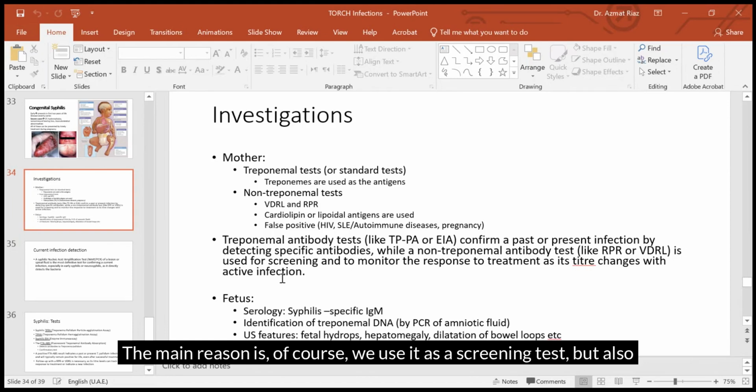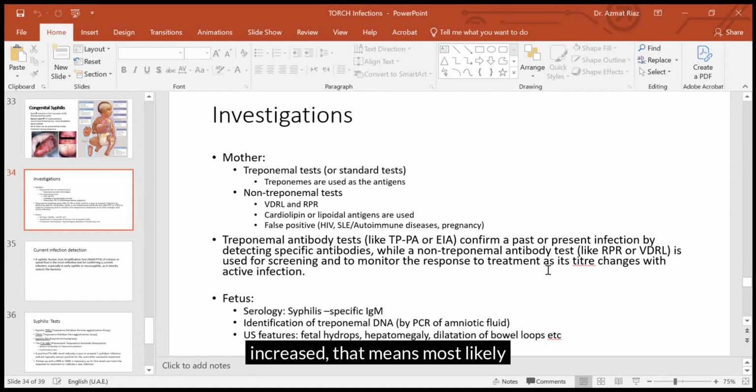Of course, we use them as a screening test, but the main benefit is that they monitor the response to treatment because the titers, the levels, change with active infection. For example, if the previous levels were low and now they have increased, that most likely means it's an active, current infection.